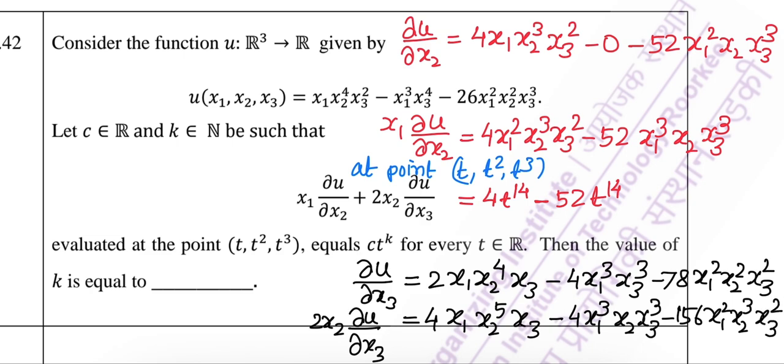Now for this point, we have to work for the same point for this second term as well. So the next step will be 4t to the power 14 minus 8t to the power 14 minus 156 t to the power 14.